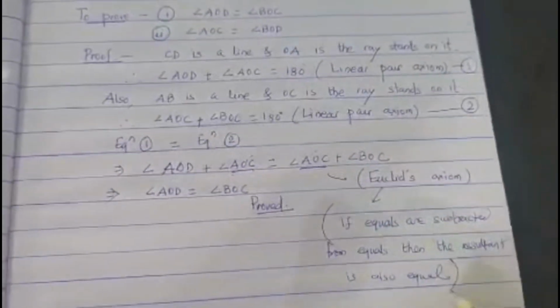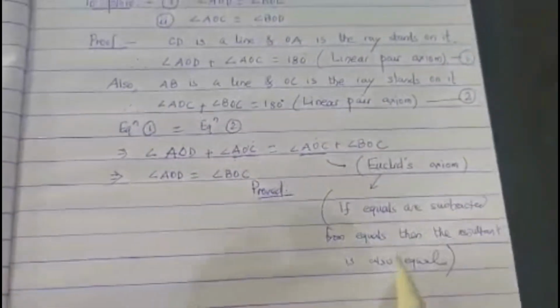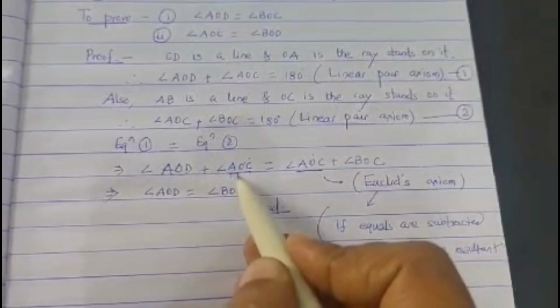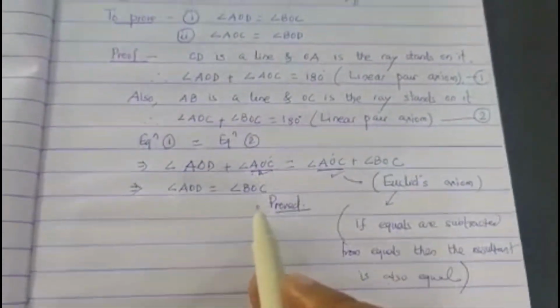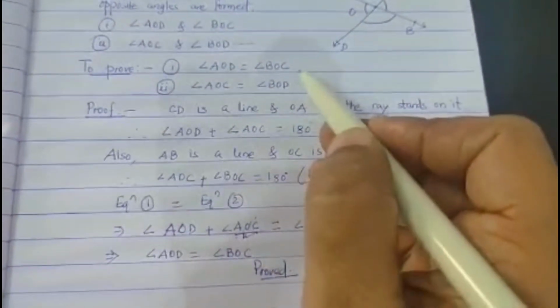I hope you remember this axiom. So based on this axiom, we remove this angle AOC. So angle AOD equal to angle BOC. First one we have proved.